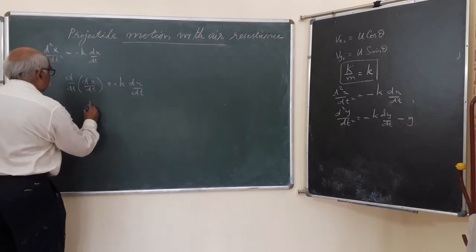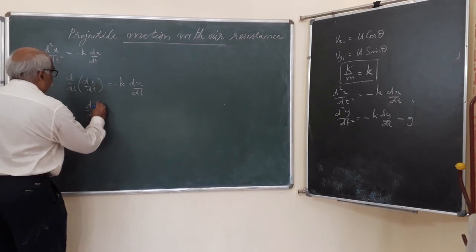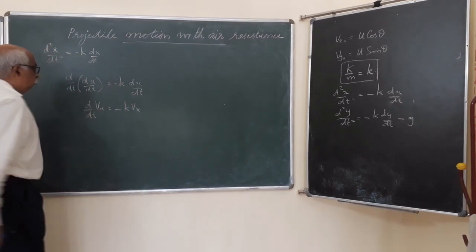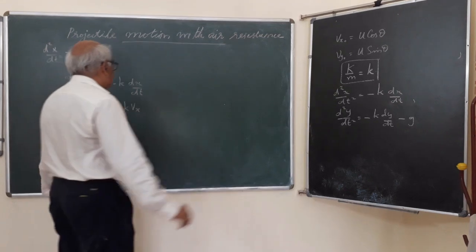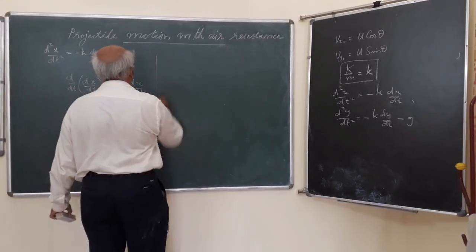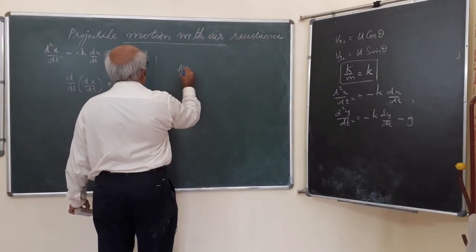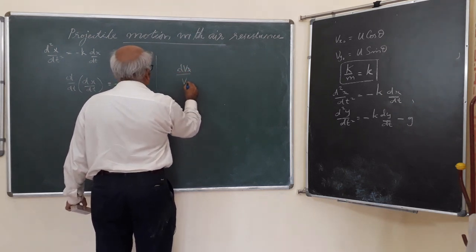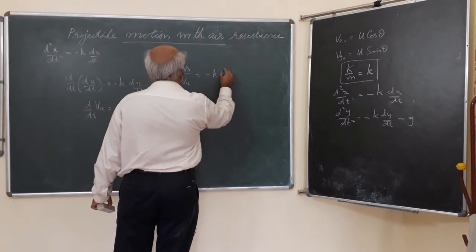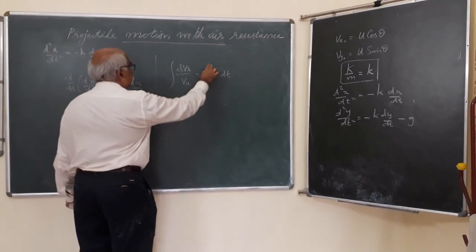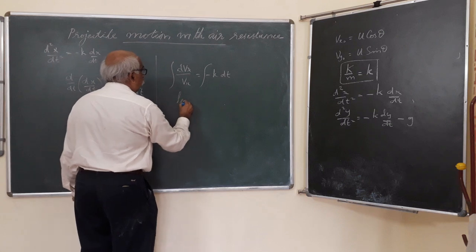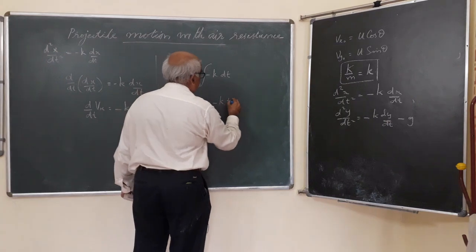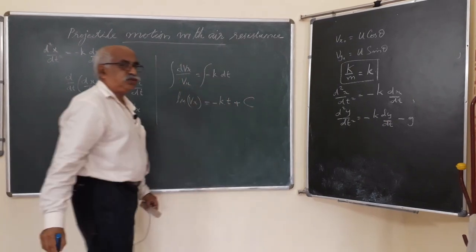That is, this becomes d by dt of vx is equal to minus k times vx. This can be integrated by the variable separation method. dvx divided by vx is equal to minus k times dt. Integrating, we get ln of vx is equal to minus kt plus a constant of integration c.